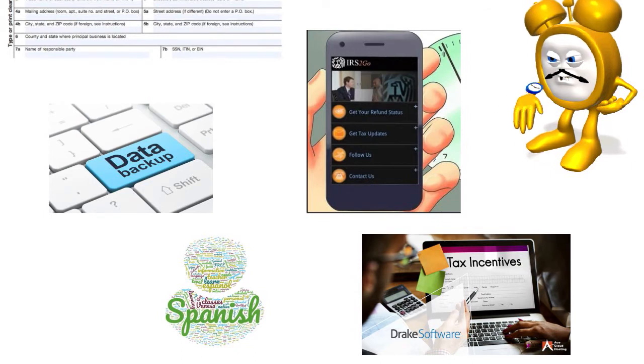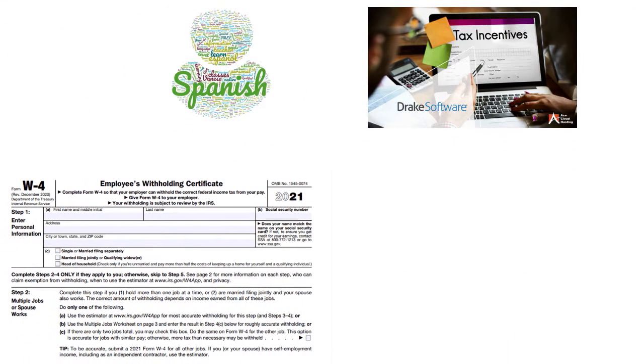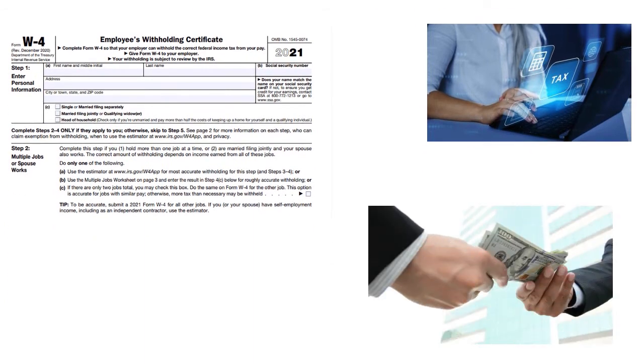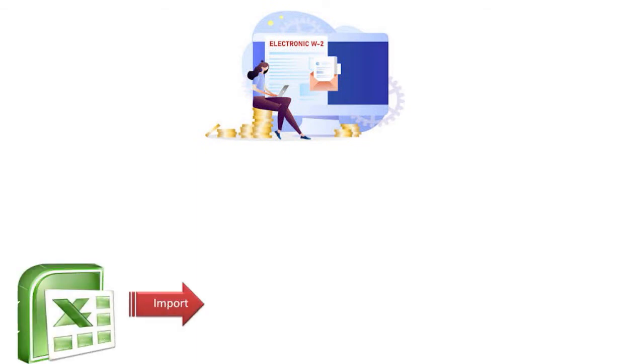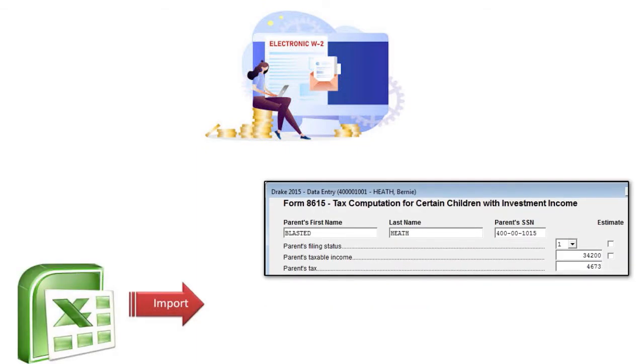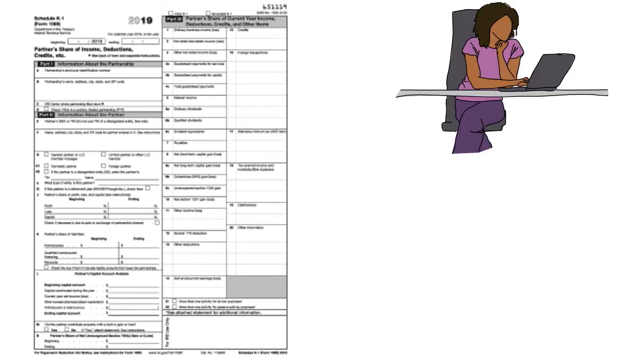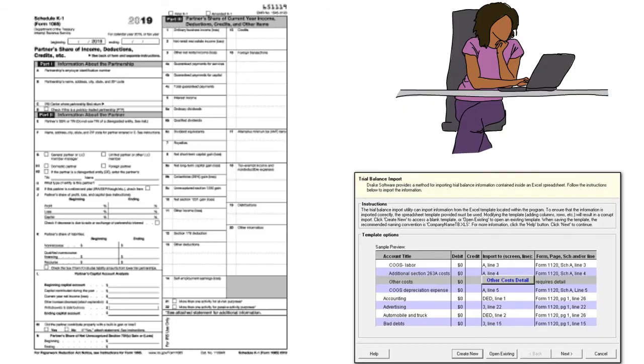They actually have 12 printable taxpayer forms in Spanish, including W4, W7, 13844, and 2350. You have access to online tax research, and you can actually collect fees. In terms of import and export, you have electronic W2s, Schedule D import, 8615 export, K1 export. Those are really good. End of year balance import and trial balance import.